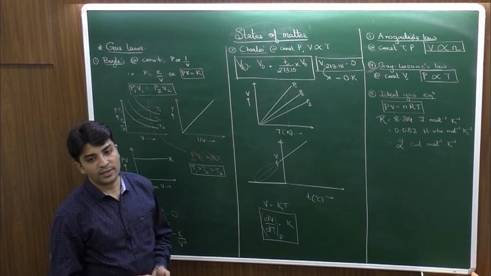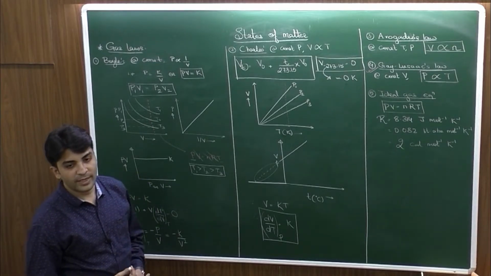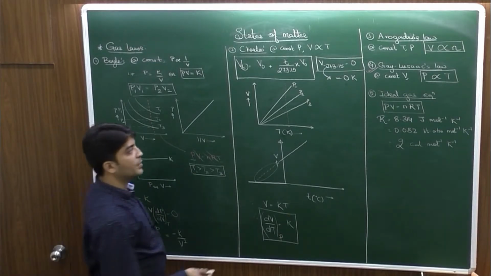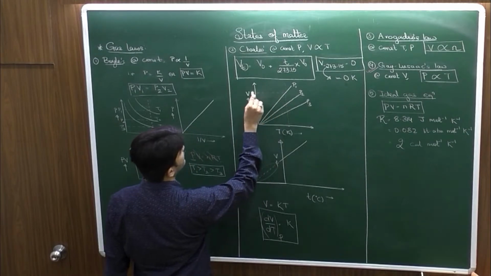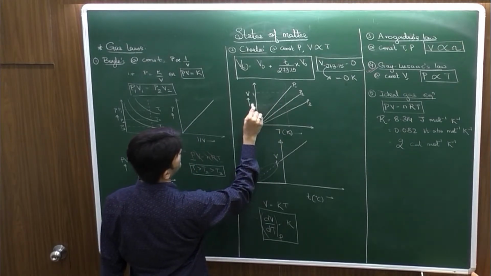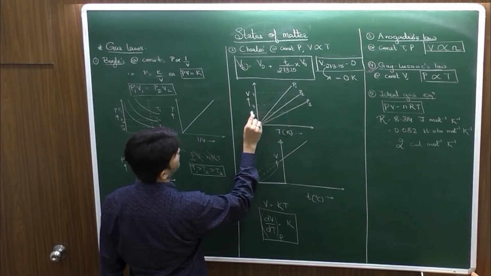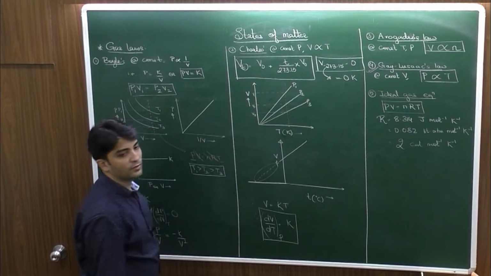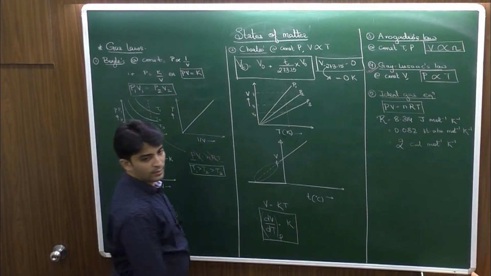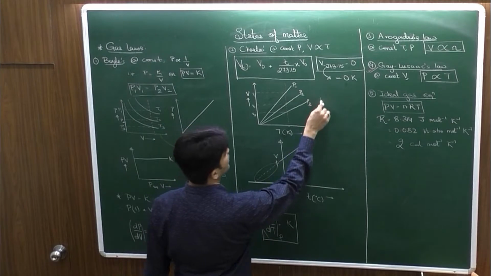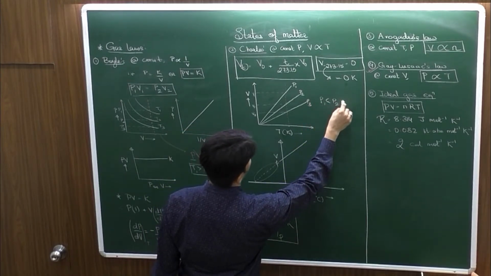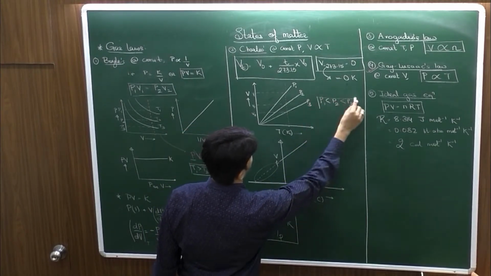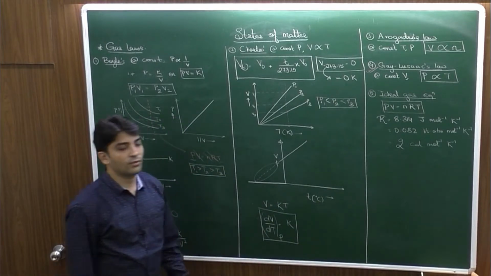Now it's a special case of Boyle's law, so P and V are inversely proportional. Correspondingly this is V1, this is V2 and this is V3. If V1 is greater, P1 should be smaller. So P1 less than P2 less than P3. The same can be done for the Gay-Lussac's law graph also.